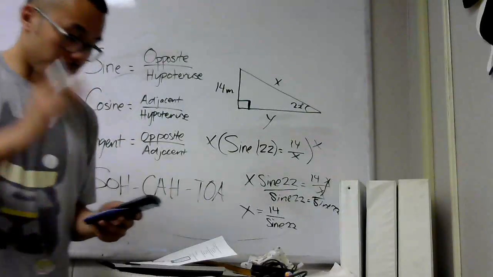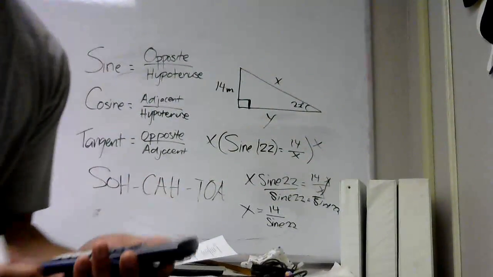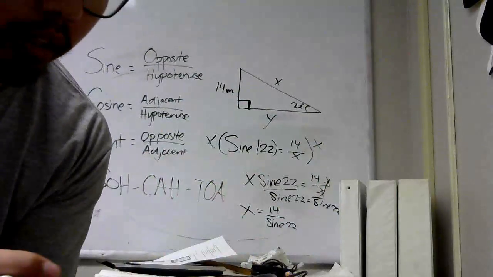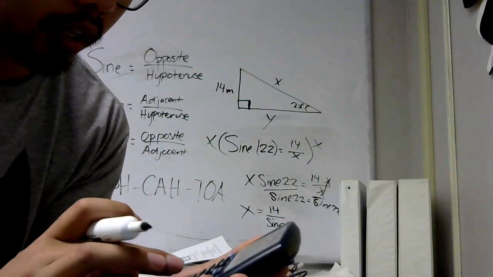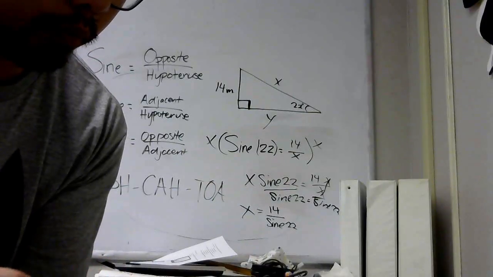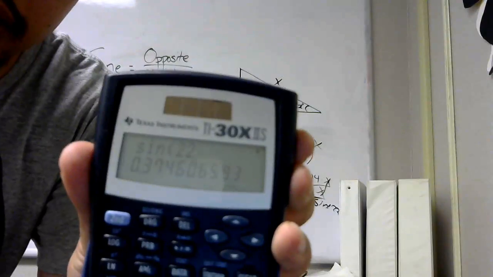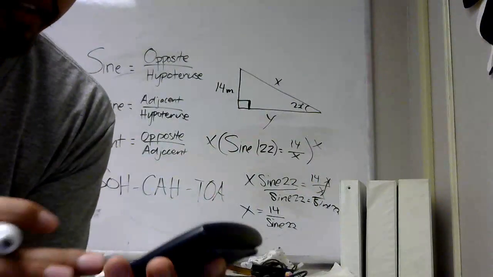I'm going to do some rounding because it's a little tough on one of these basic calculators. I do sine 22, and I get about 0.37, you see that? I'm going to use 0.37 right there.